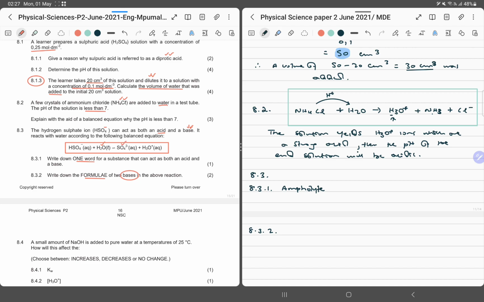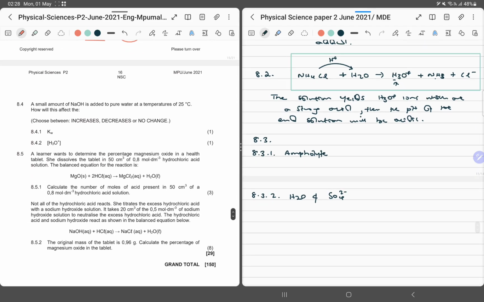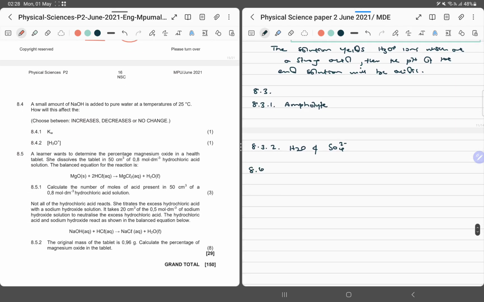And this is also a conjugate base of this conjugate acid as a result. And this is a conjugate acid for this conjugate base. So the bases now are basically water. They said formulae. And the sulfate ion. So those are the two bases. Easy stuff. So 8.4.